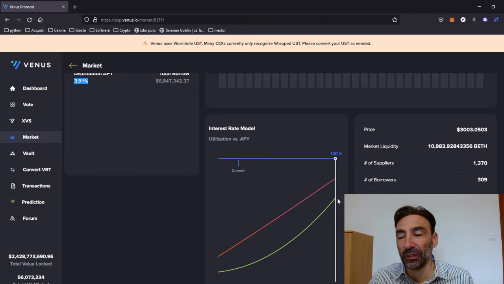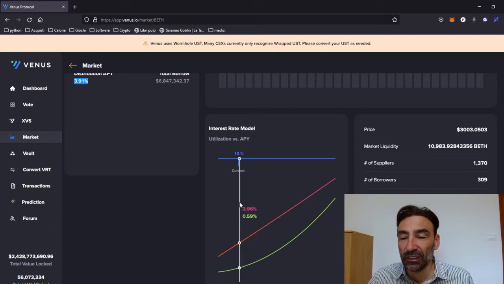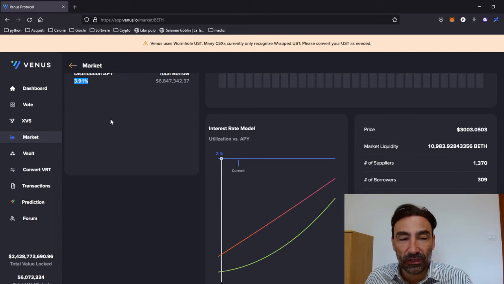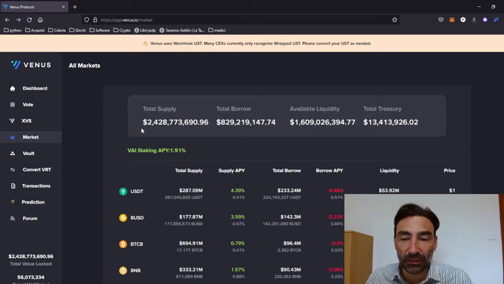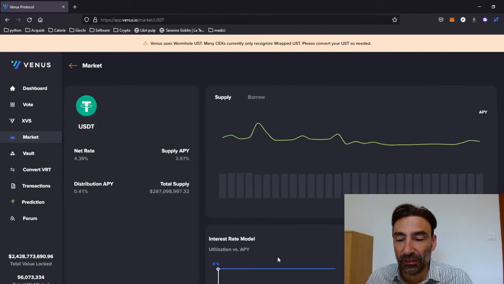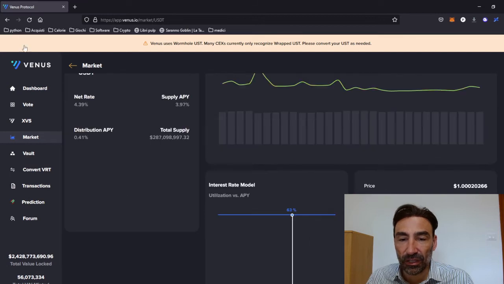If they are completely without BETH and you try to borrow, well, which is pretty improbable, you have to pay 12.71. So currently only 70% of their BETH is used. Okay, but there are better supply lines. For example, let's look at this one. There is nothing. Why?